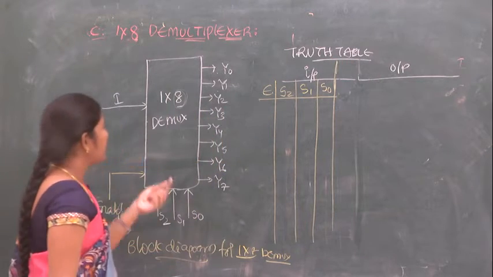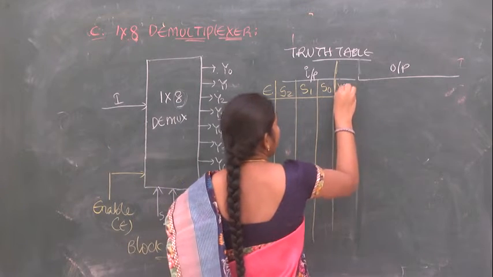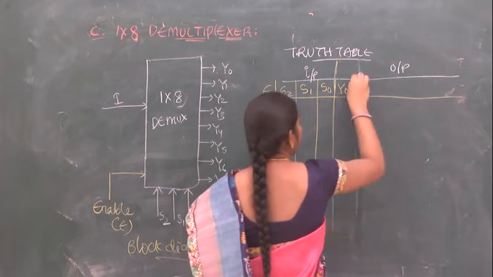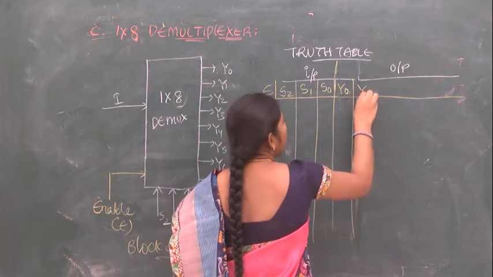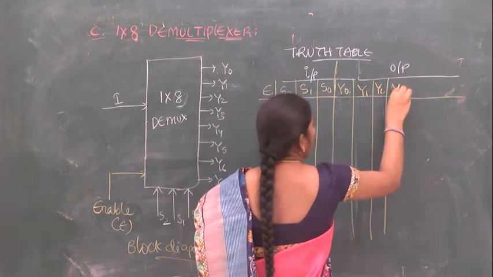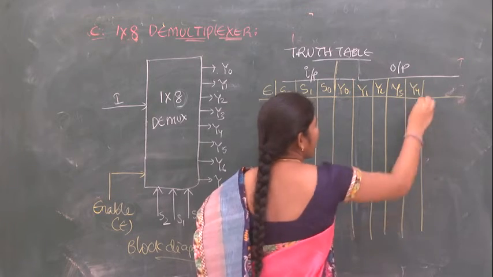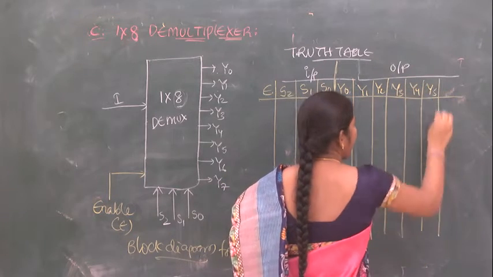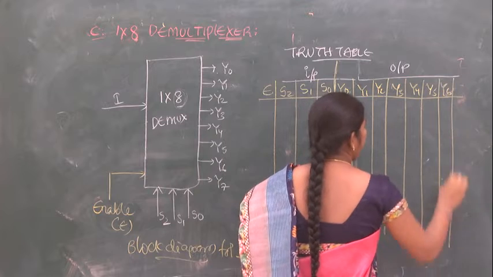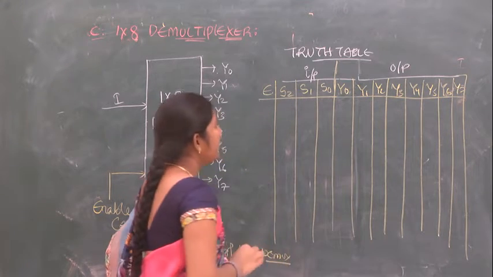These are the inputs, and outputs we are having 8 outputs which are Y0, Y1, Y2, Y3, Y4, Y5, Y6 and Y7. Right?